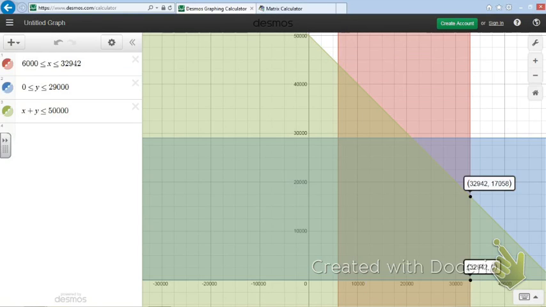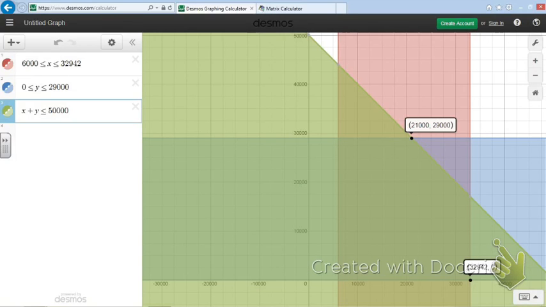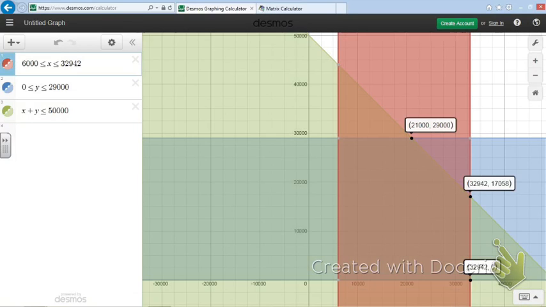Let's see if we can get rid of some of these. So I think I can probably get rid of the 6,000 and the 29,000. That's not going to maximize my profits there. This one probably isn't either. So I'm really just looking at these two to substitute into my equation.